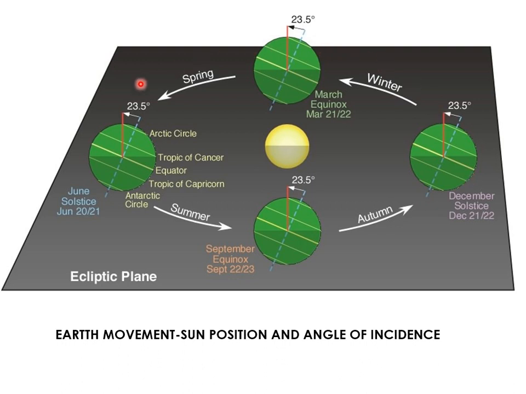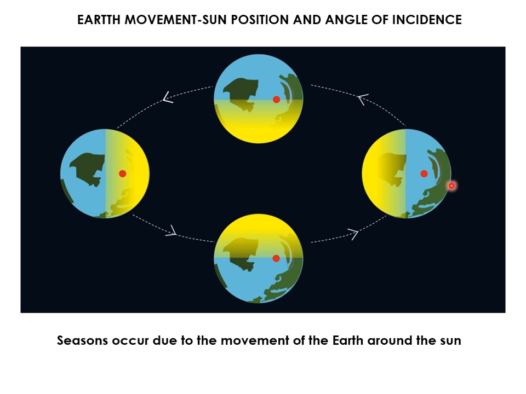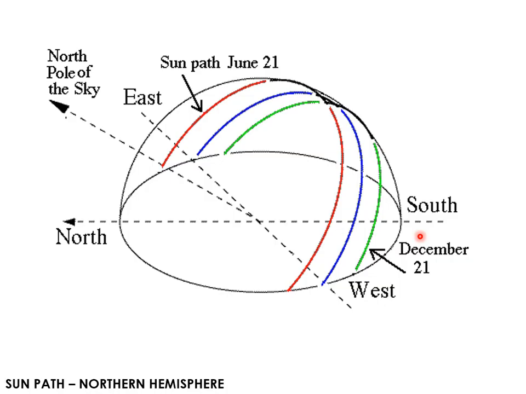When the earth revolves around this orbit, it has different kinds of seasons. All these seasons affect each and every location, and you can see how each location is affected because of the angle of incidence. That is a major factor when the earth is moving around the sun.